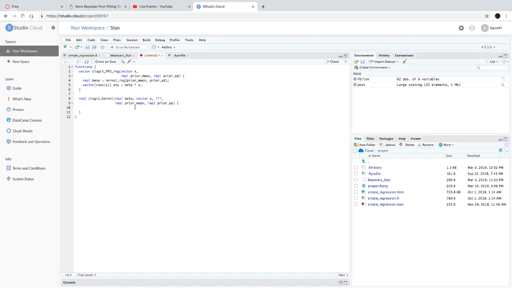So really, you're just looking for the index of the success within each group, and that's going to be 1, 2, 3, up to n sub j. So it's a positive integer less than or equal to n sub j.